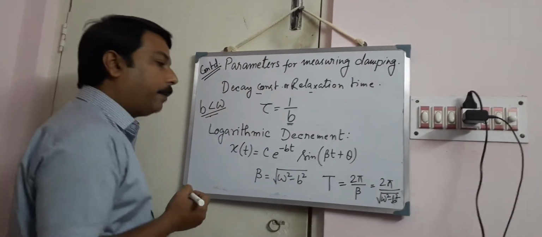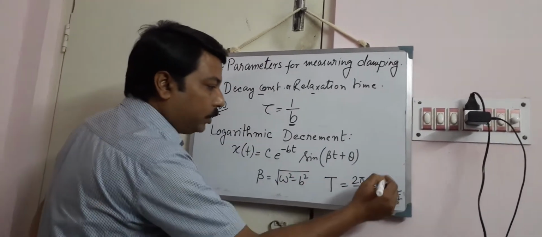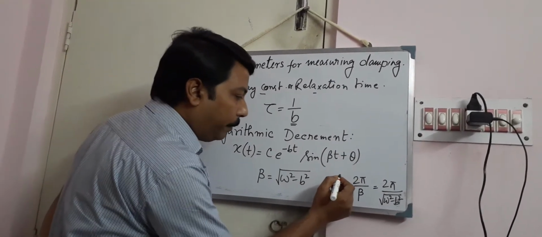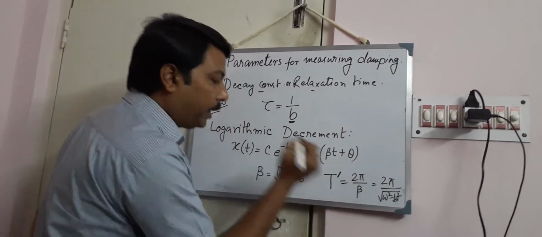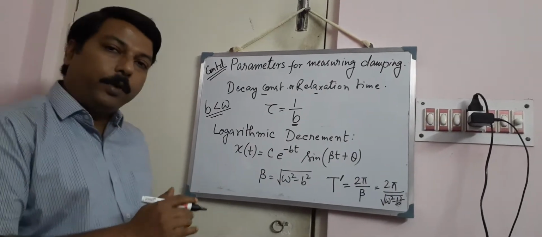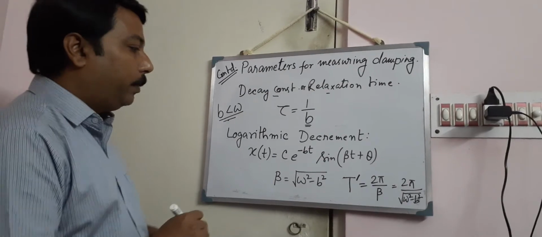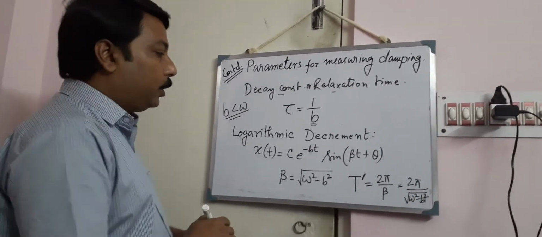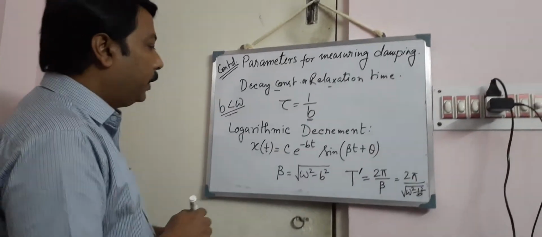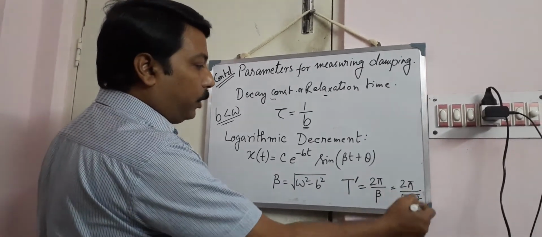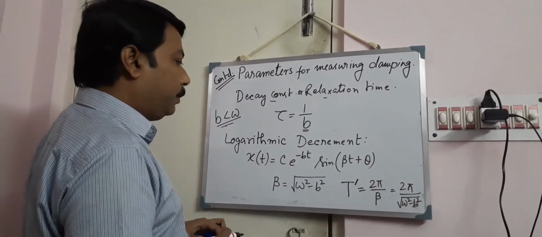So for a weakly damped oscillator, this will be called the time period. Let us denote it as t prime, just to distinguish it from the time period of a free oscillator, which we represented as capital T. So here we use the notation t prime for the time period of a weakly damped oscillator, and it is given by 2 pi over root omega square minus b square.